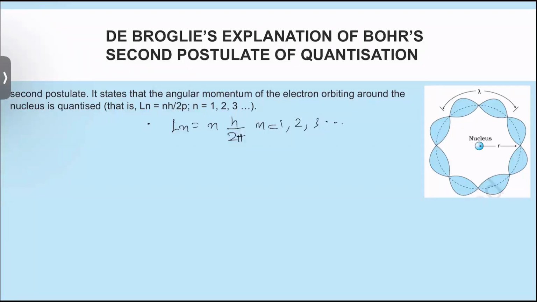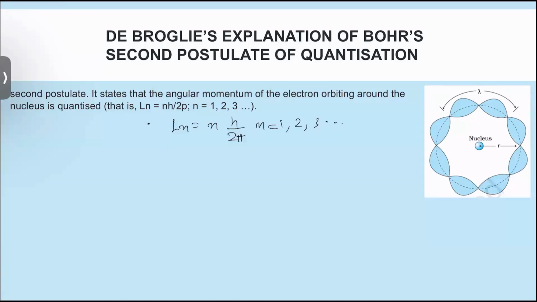This comes under the wave theory. Waves with other wavelengths, which do not have nodes at the ends and do not form a standing wave, will interfere among themselves and their amplitudes will become zero.